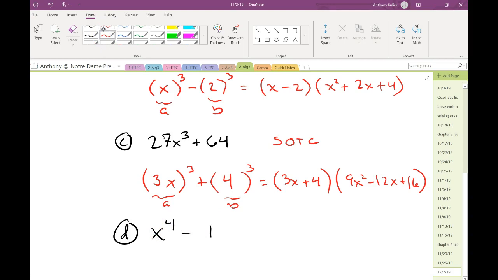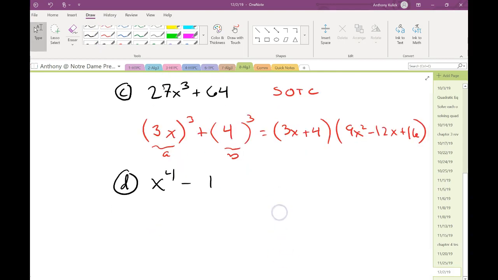How about x to the fourth minus 1? What does this look like? Hopefully you said this looks like the difference of 2 squares.